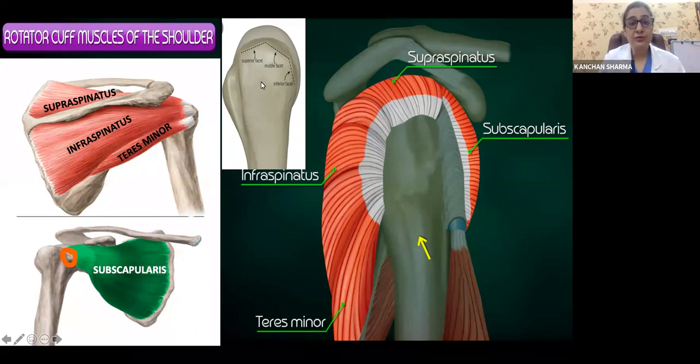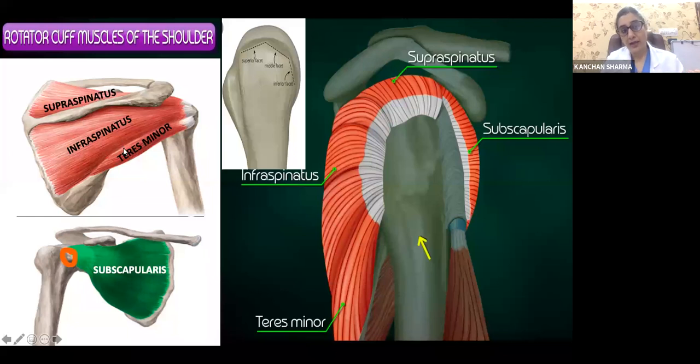Now, what you need to remember here is, if you look at this greater tubercle, okay, this greater tubercle has got three facets: superior facet, middle facet, and inferior facet. These four are the rotator cuff muscles, okay? Anteriorly subscapularis, and posteriorly you have supraspinatus, infraspinatus, and teres minor.